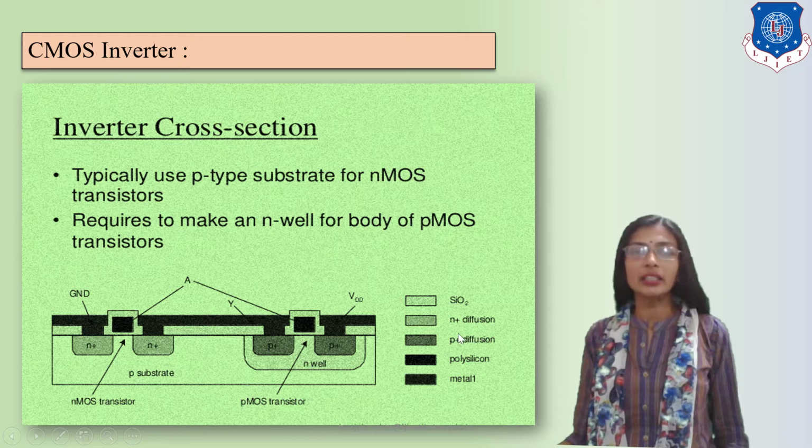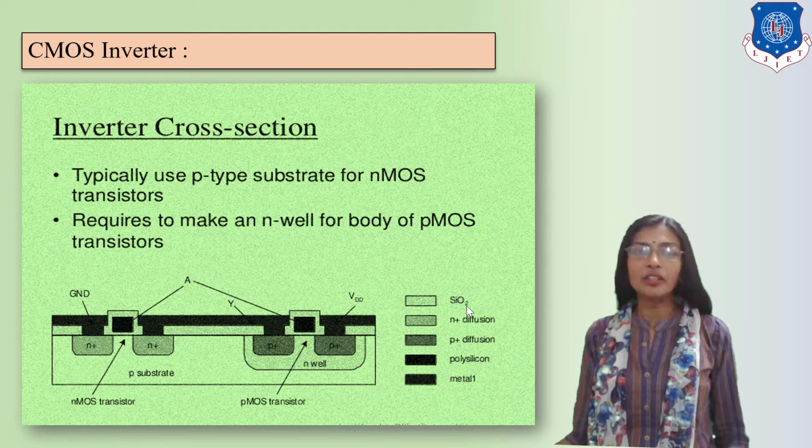So look at these are the different contacts and the main parts of the inverter cross section using the CMOS. Which are these main parts? One is the silicon dioxide, SiO2, N plus diffusion, P plus diffusion, polysilicon and metal contacts.